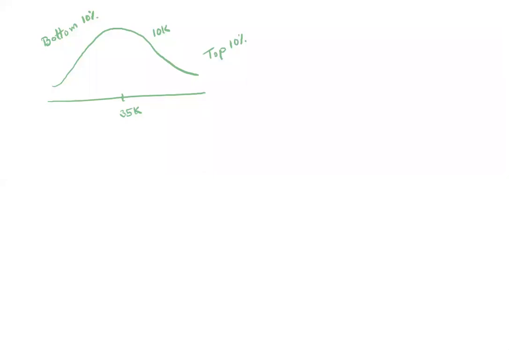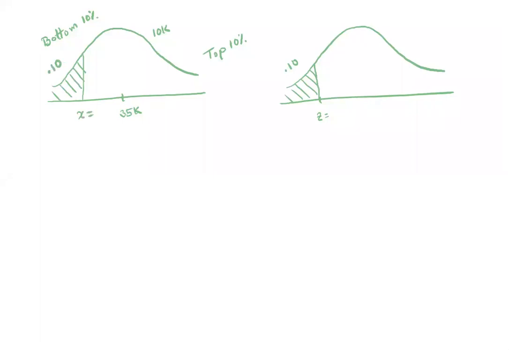Let's just do one part. For the bottom 10%, we need to find this Z value. Here, this area probability is 0.10. And we want to find the corresponding area here. For that, we are going to find the X value. And we know this area is also 0.10.